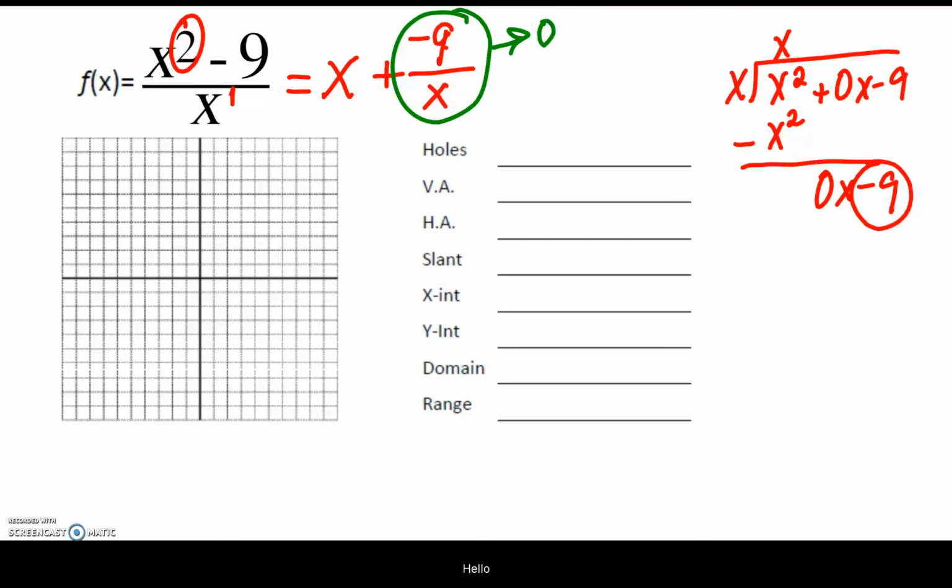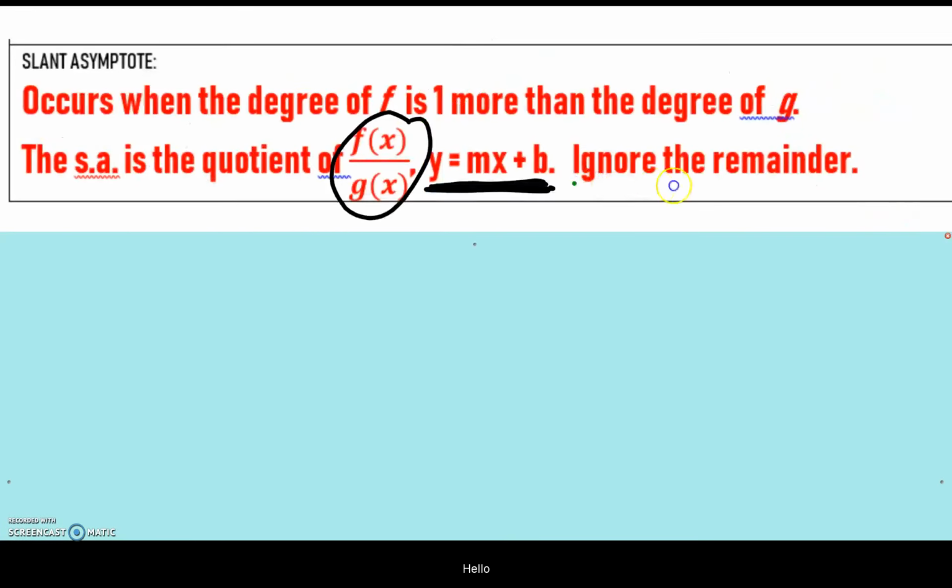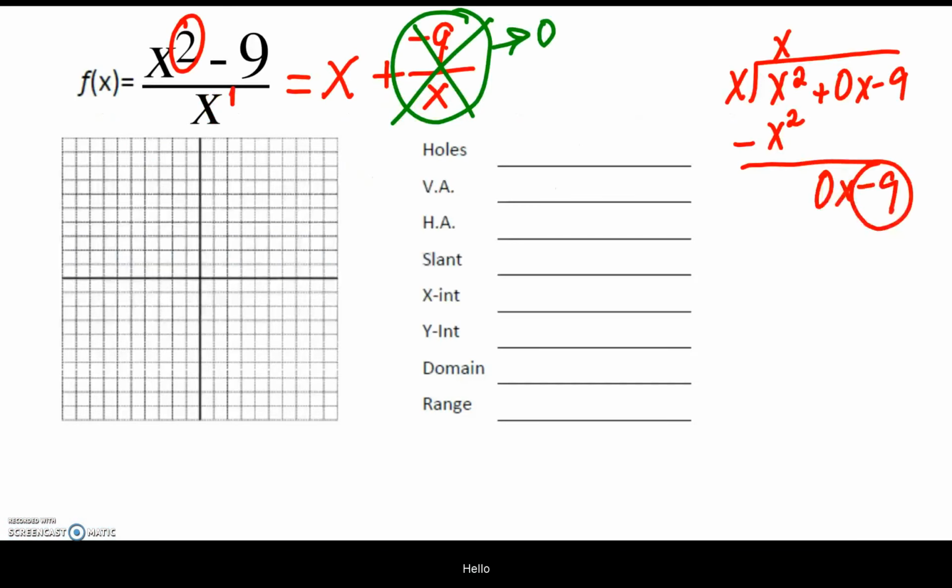And this is always what will happen when you do the division. The remainder part will approach 0 because now you'll have a fraction with a larger x value in the denominator than you have in the numerator. So this part's going to approach 0, and that's why I said in the previous slide here that you will ignore the remainder. That will always just approach 0 for larger and larger values of x.